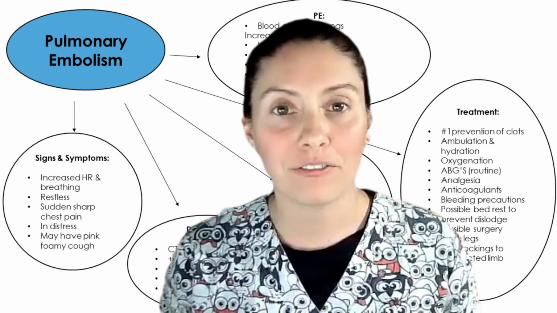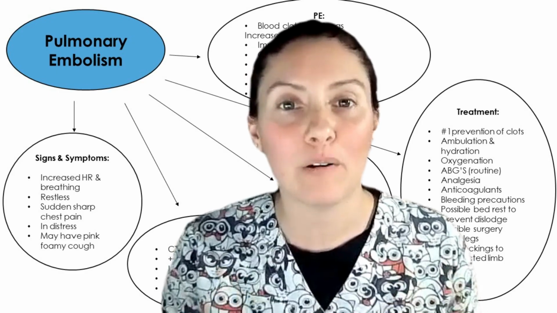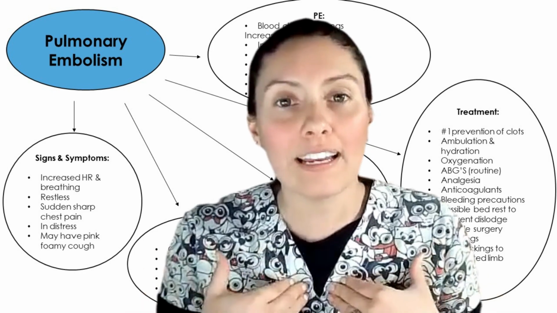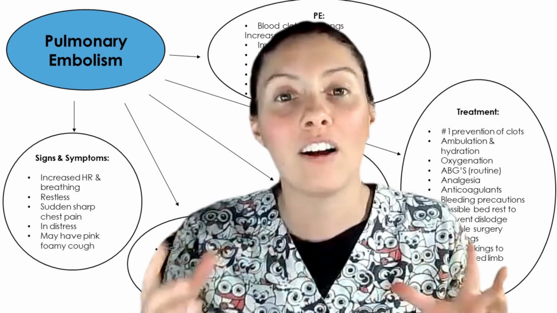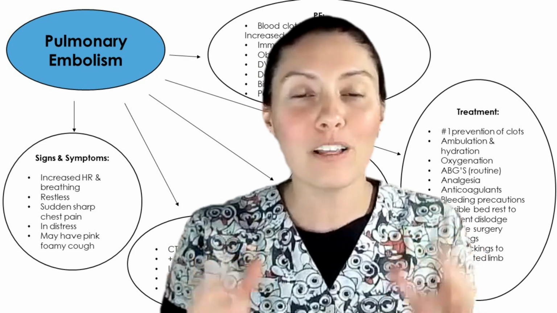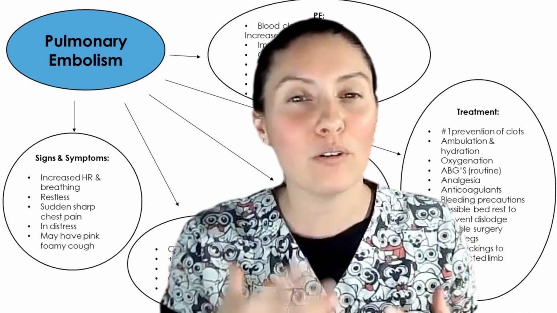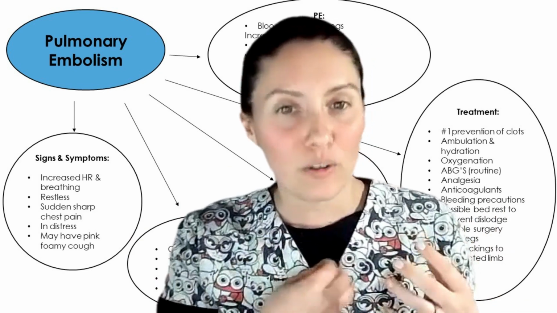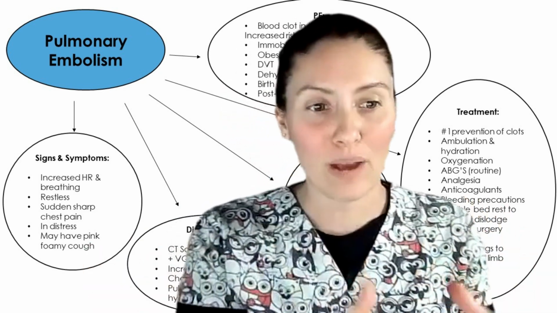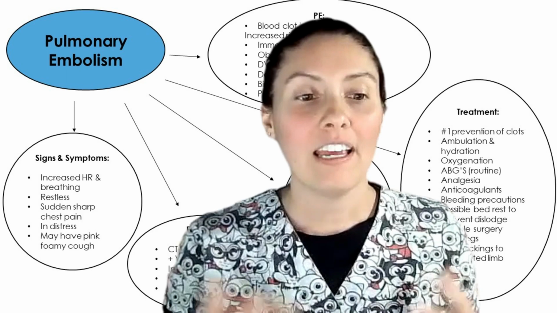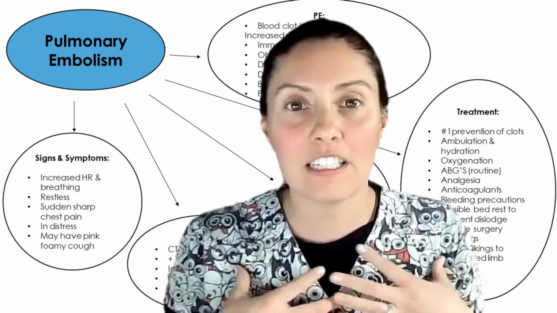Okay, if you think about it, when a clot is in your lungs, it's blocking off air. So you can look at the signs and symptoms and kind of connect it, right? You can see how you have a blood clot and you have these symptoms. Okay, it's affecting your lungs.